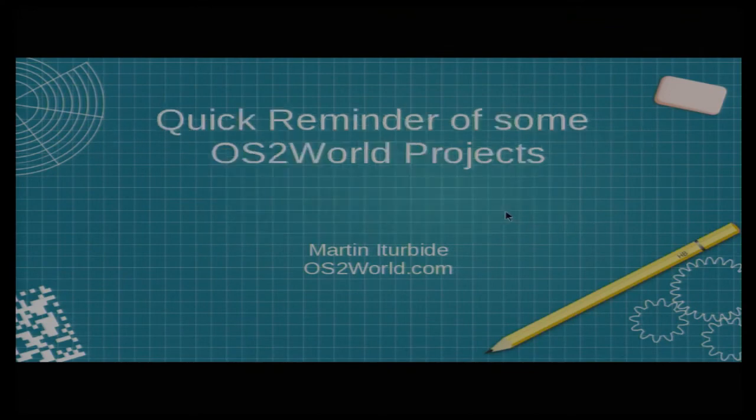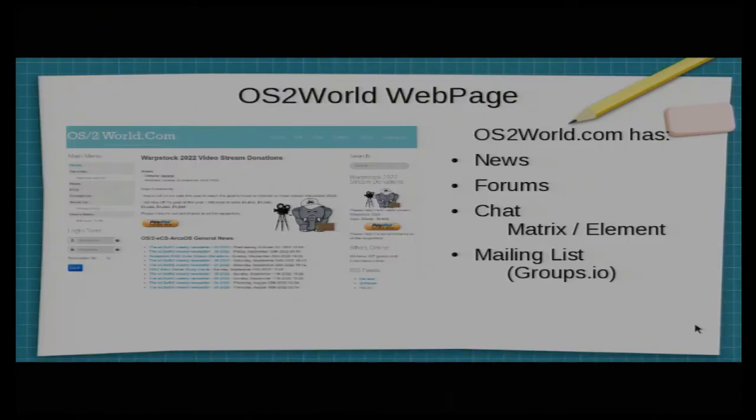Before going to the Hobbes reorganization project, I just want to give you a quick reminder of some of the projects that we're working on at OS2World, me and some people that collaborate also. The main OS2World webpage is what we started in the year 2000.